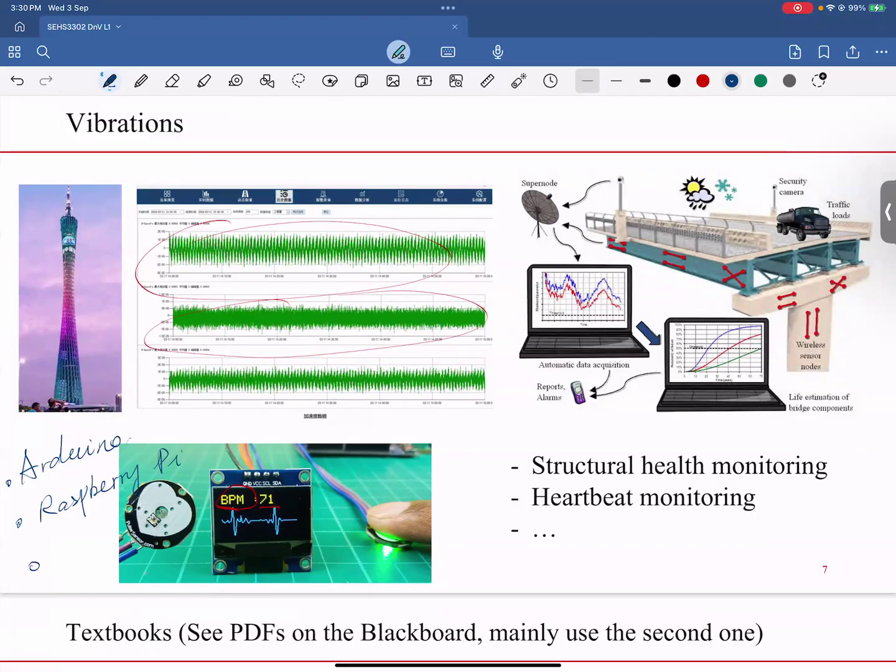With these MCU boards, together with sensors such as an accelerometer, you can do some measurement to measure the dynamic properties such as the accelerations or the positions.